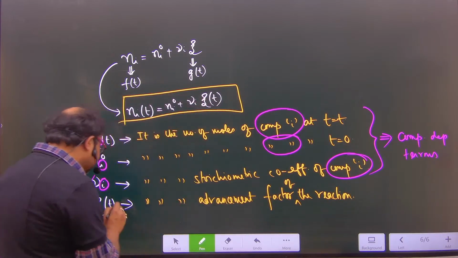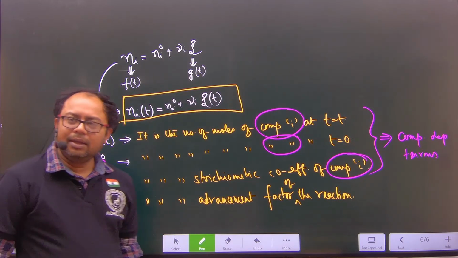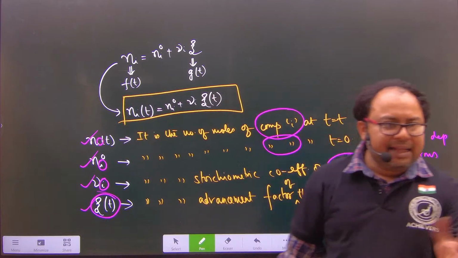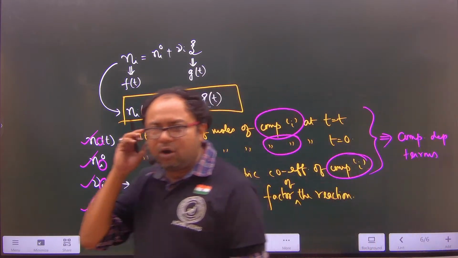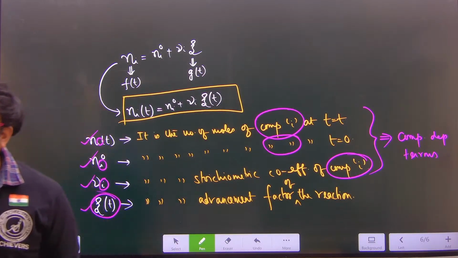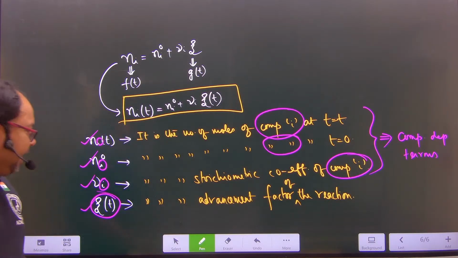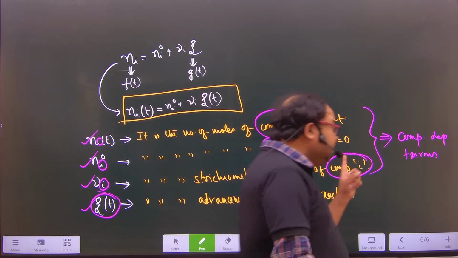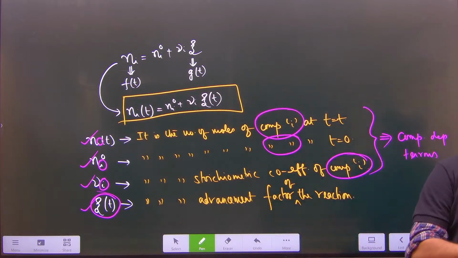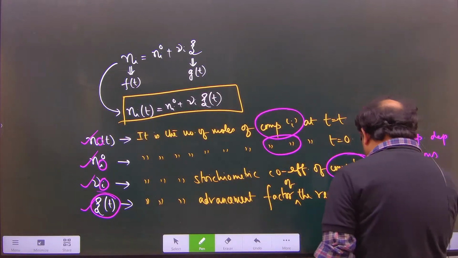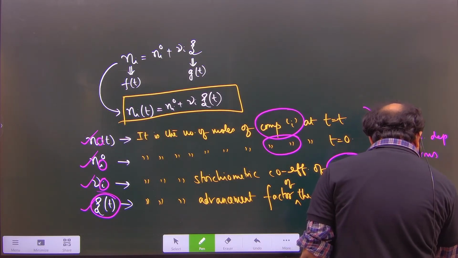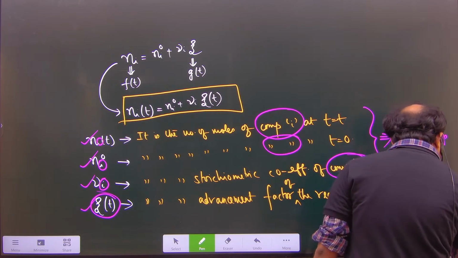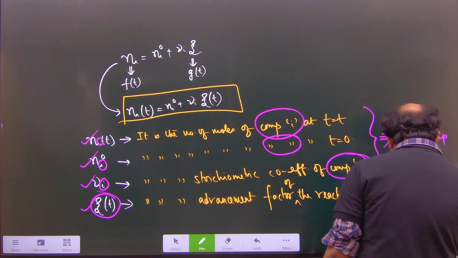But what about Xi(t)? Xi(t) does not bear any suffix i. That means Xi(t) is devoid of the component dependence. It is a component independent term.